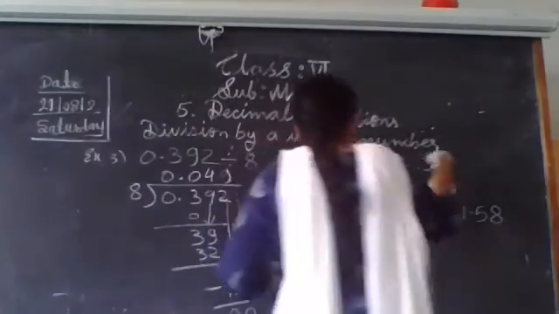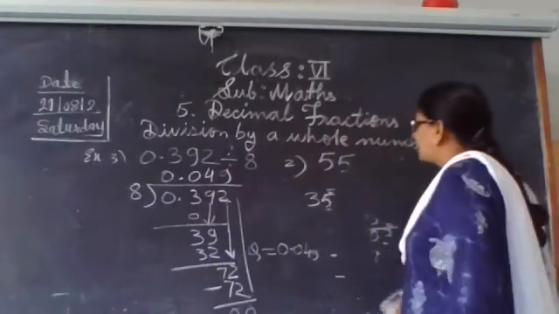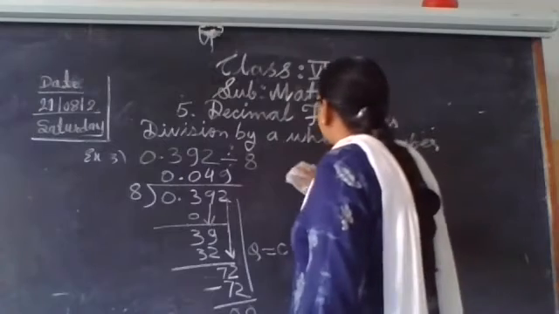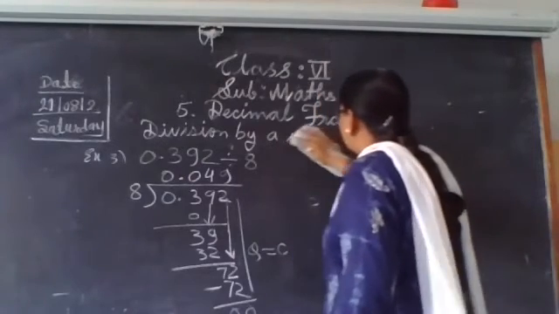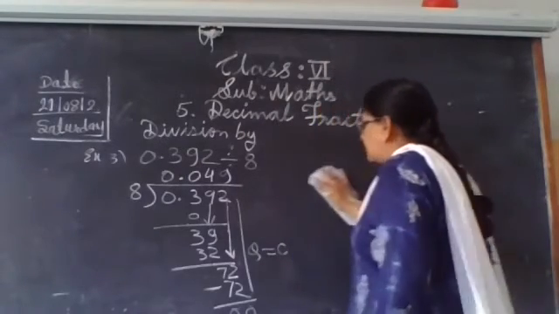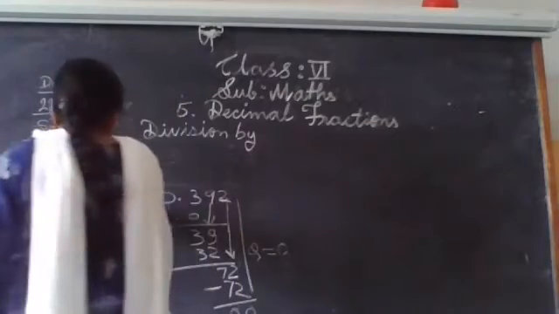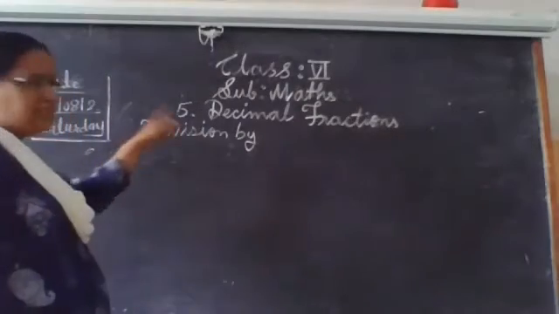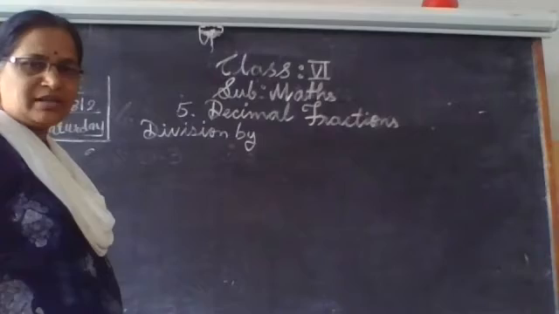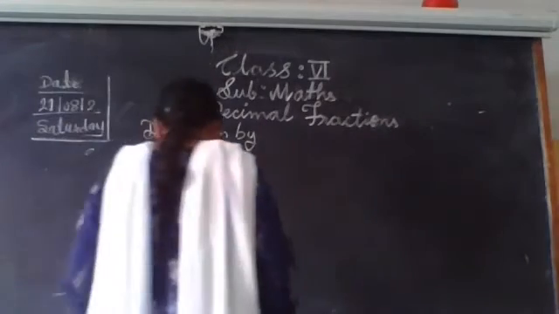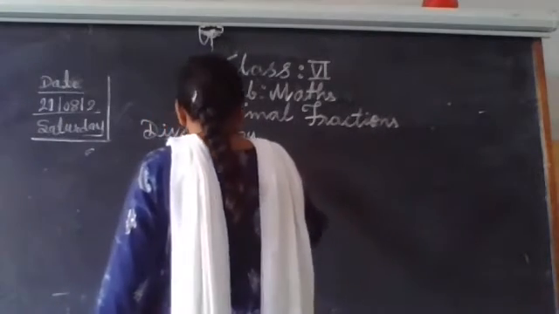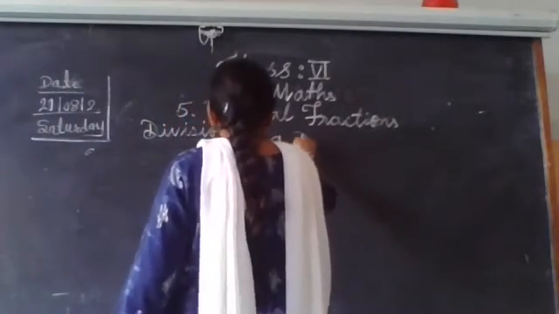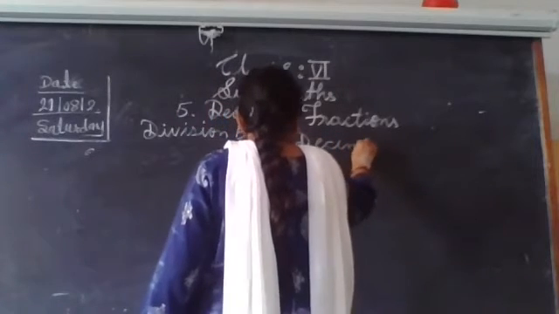Let's see, beta. Division by a decimal number, or division of a decimal fraction by a decimal fraction, or a decimal number by a decimal.